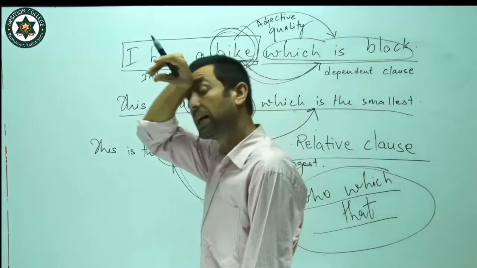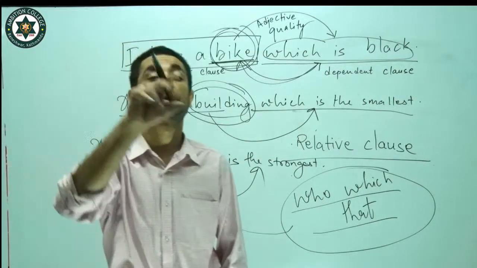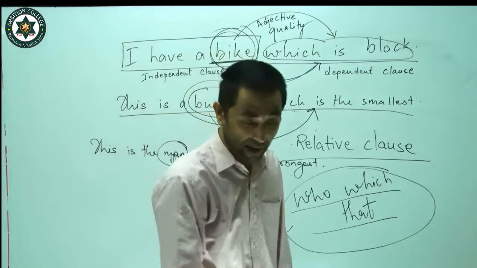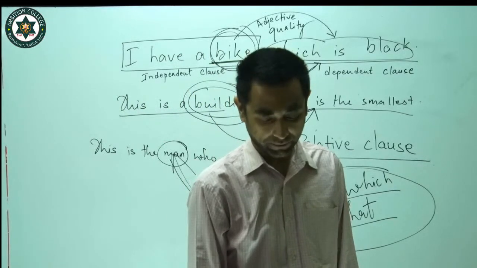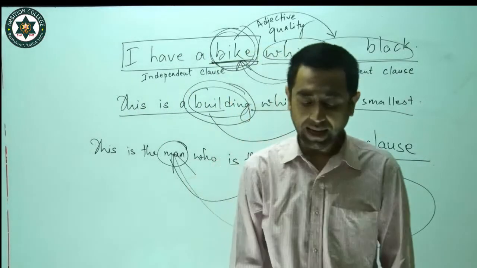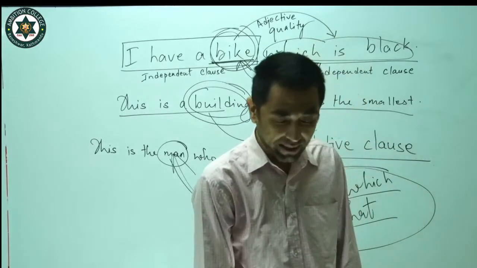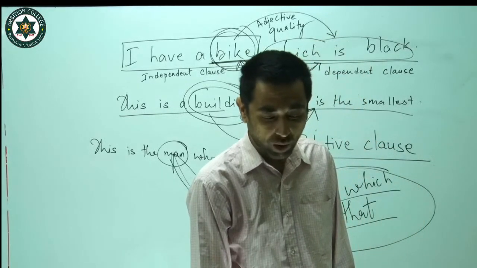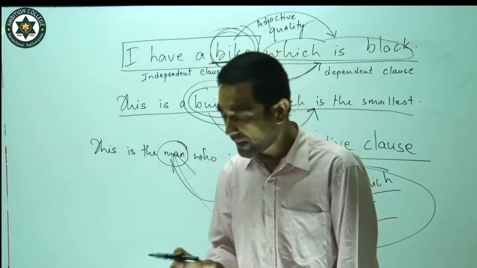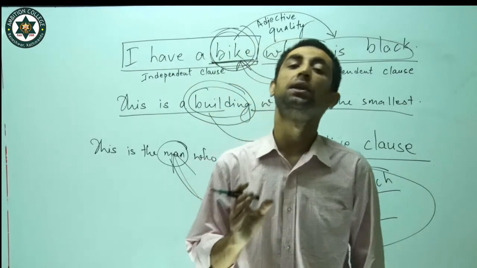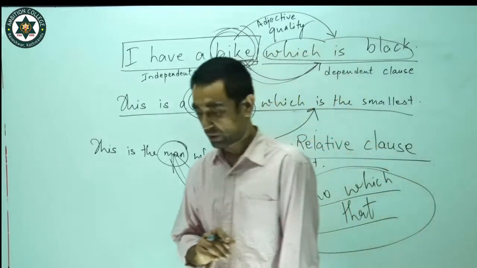And this relative clause has two types: defining relative clause and non-defining relative clause. Now, what is a defining relative clause and what is a non-defining relative clause? We are supposed to study the non-defining relative clause.